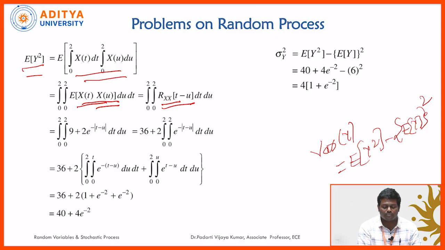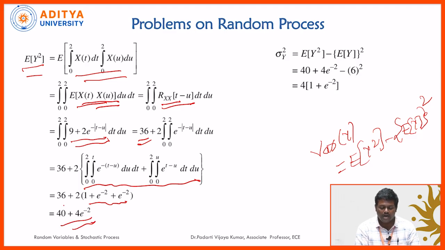So, Rxx is given, I am substituting the limits, and integrating, we get 36 plus 2 times (1 + e^(-2) ...). We will get the overall answer 40 + 4e^(-2).